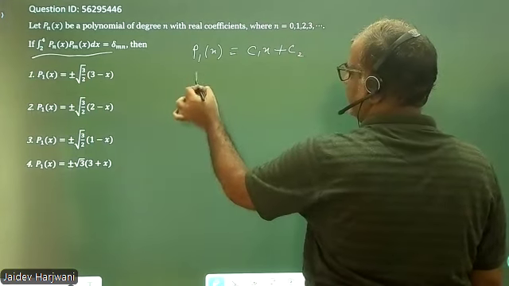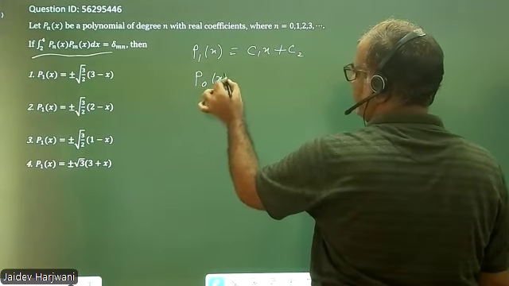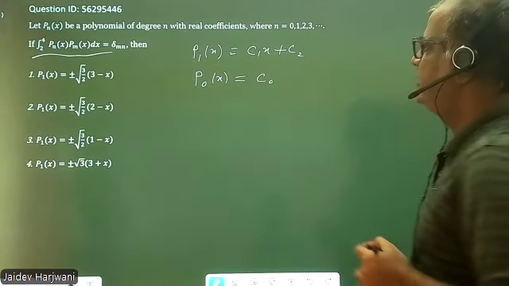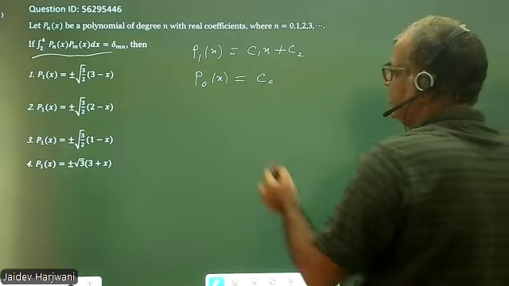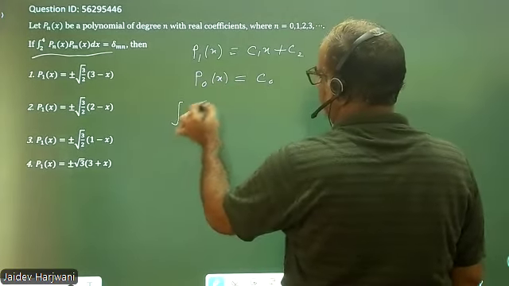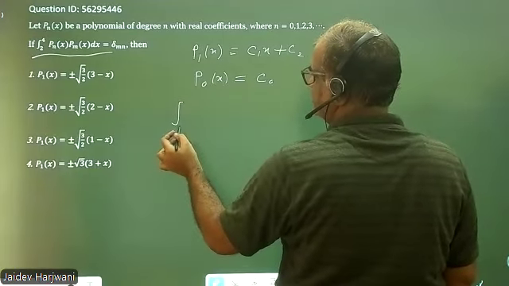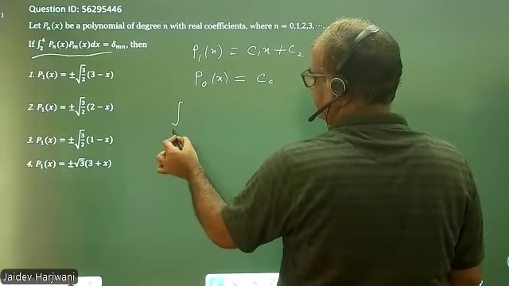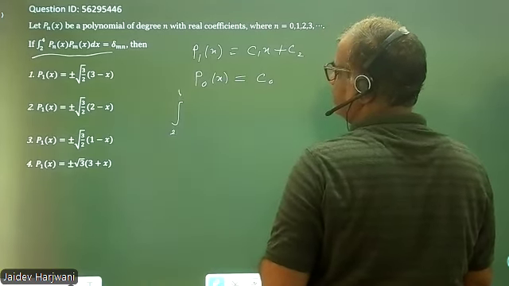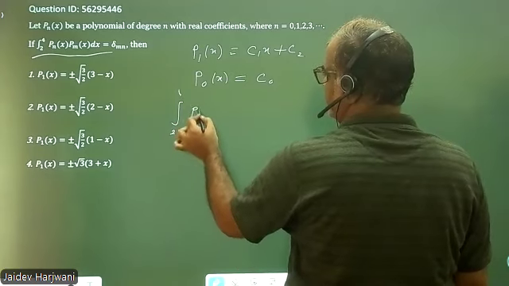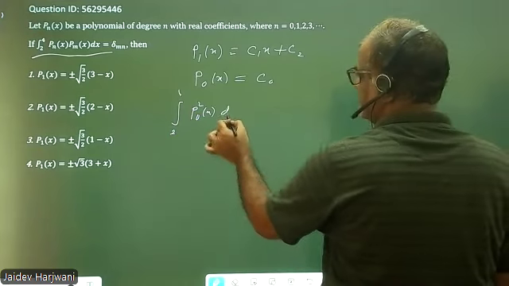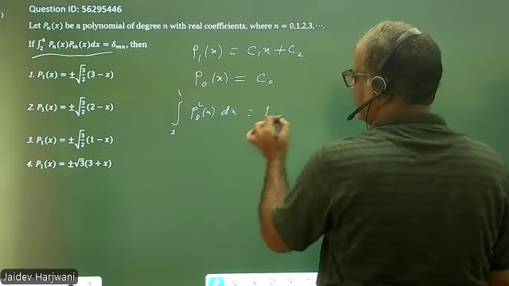So I write P0(x), the polynomial of degree 0, and this should be a constant because it's of degree 0. And now I can normalize this P0(x) here, and I can find the value of C0. So you have the integral from 2 to 4 of P0 squared (x) dx, and this should be 1.